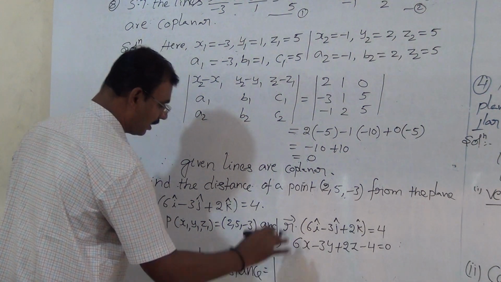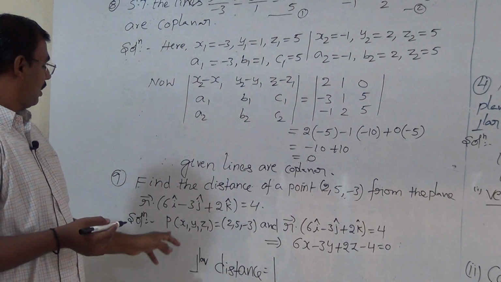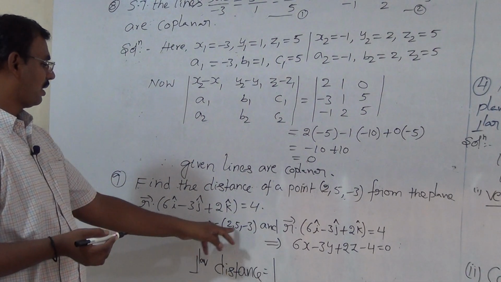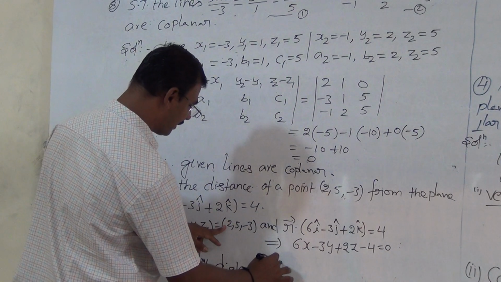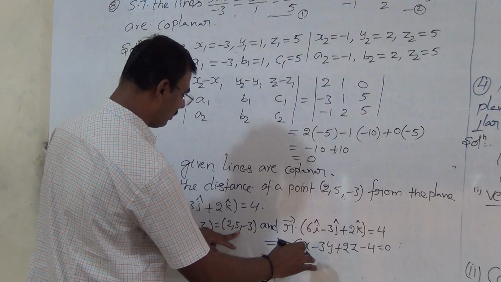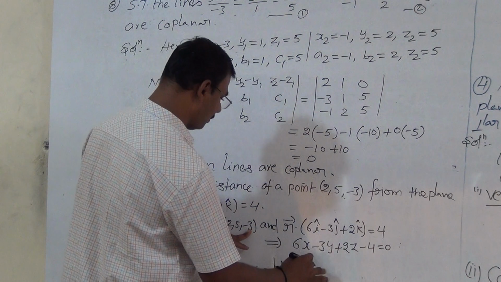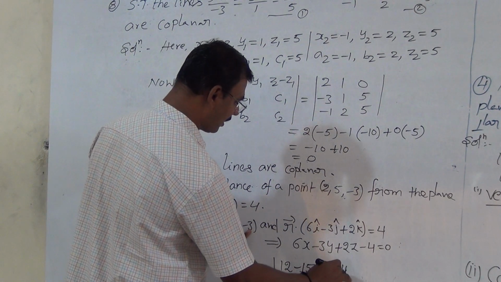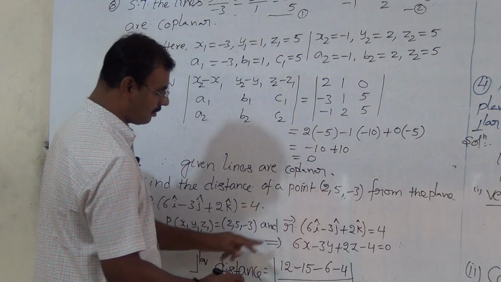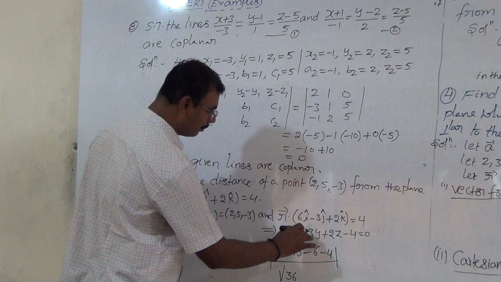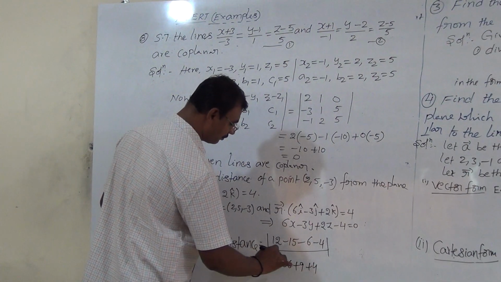The formula we know, the magnitude of it; in the last class, 4 to 5 questions were done. Simplify. So here substitute the point directly, x, y, z values. 2 into 6, 12; 5 into minus 3, minus 15; minus 3 into 2, minus 6; minus 4, divided by the root of a square 36, b square 9, c square 4.